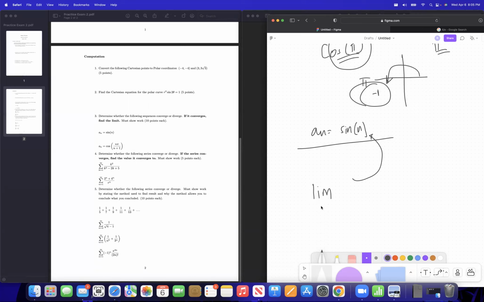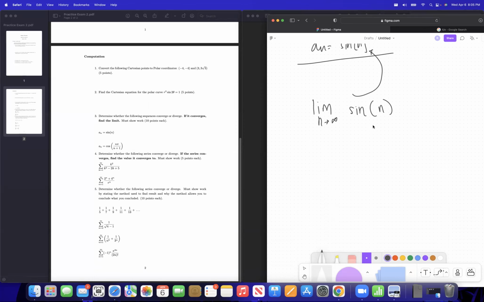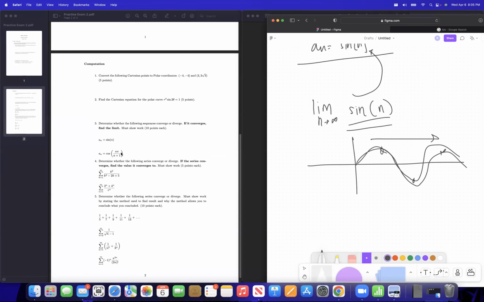Now, you can look at a sine graph and see that as you keep going this way, you keep jumping between values, it's oscillating. It's divergent.